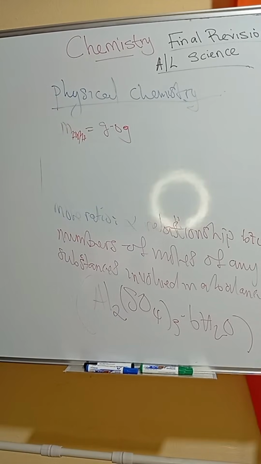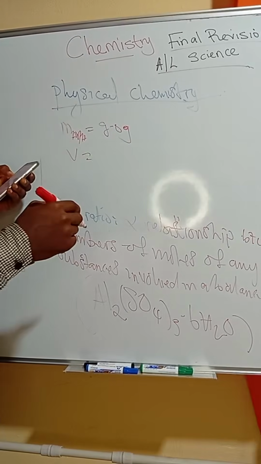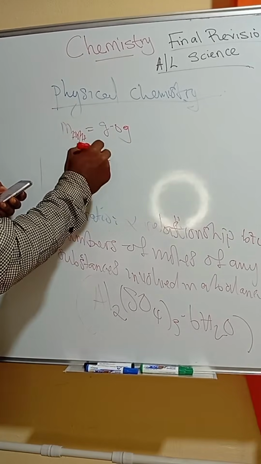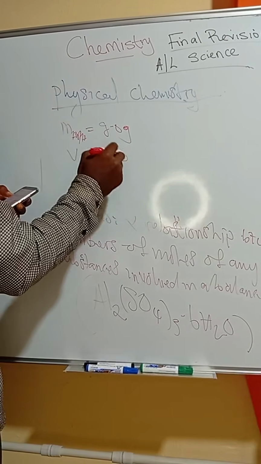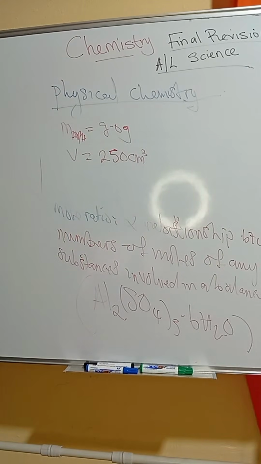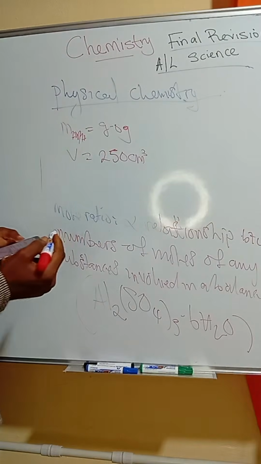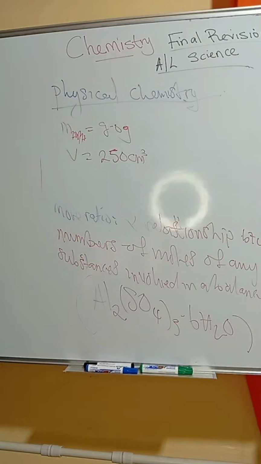Secondly, the volume has been given to us. That is the volume of the solution, 250 cm cube. Now, it is always advisable for us to convert volume to decimeter cube from cm cube.